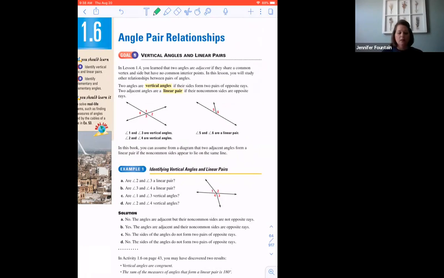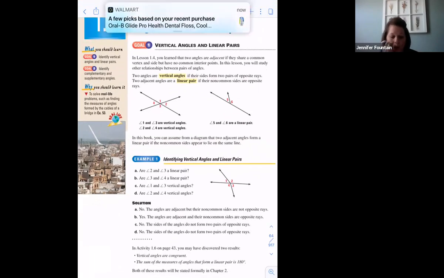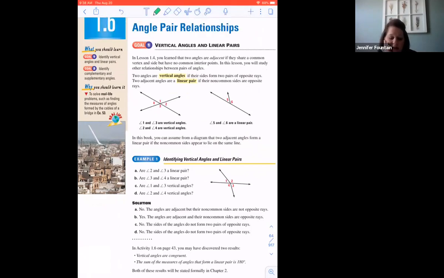So if we look over at our goals, goal 1 is to identify vertical angles and linear pairs. Goal 2 is to identify complementary and supplementary angles. Okay, hopefully you remember those words. If not, that's okay. We're going to go over them.